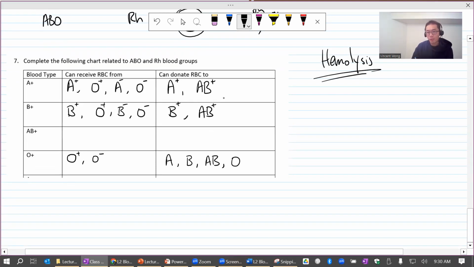But only to positive people. You see, I just proved to you O is not a universal donor. It is only universal within the ABO. As soon as you take into consideration other blood groups, they are no longer universal, are they? For example, O positive cannot give to A negative, right? O positive cannot give to O negative.